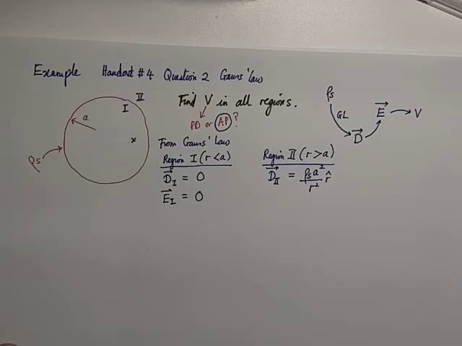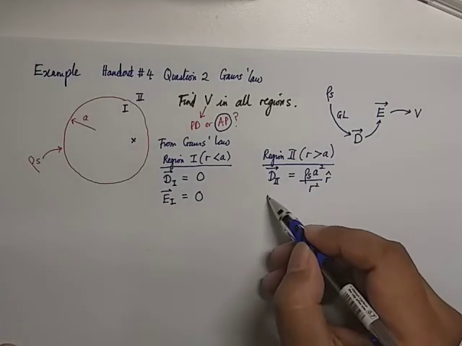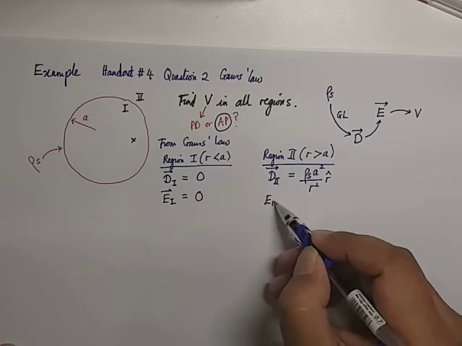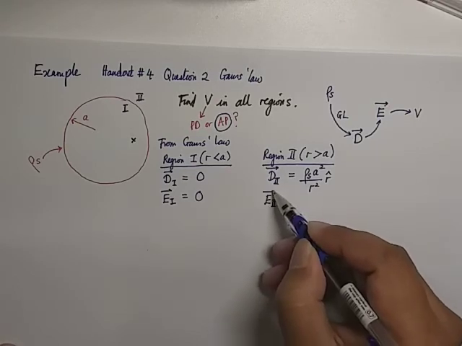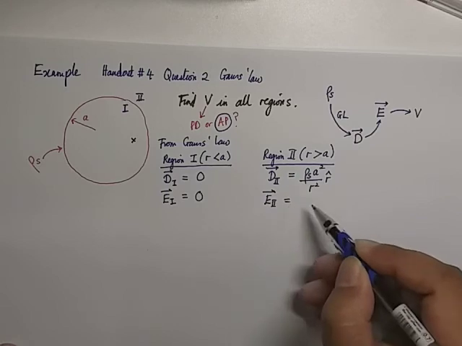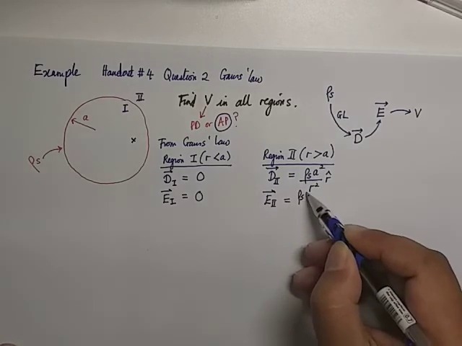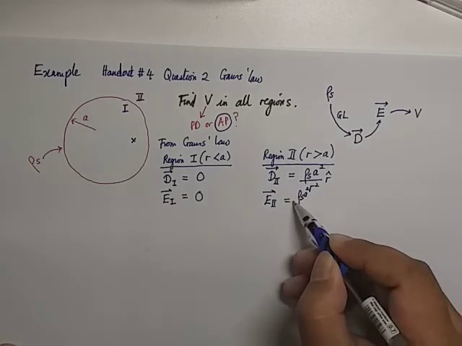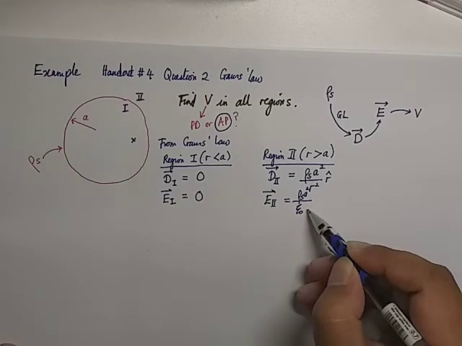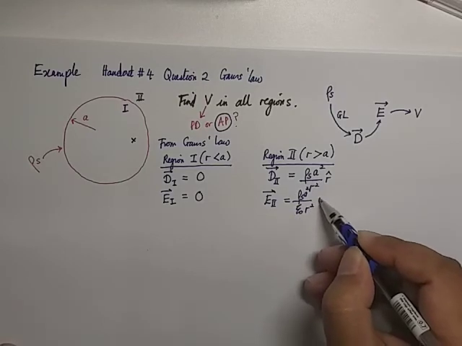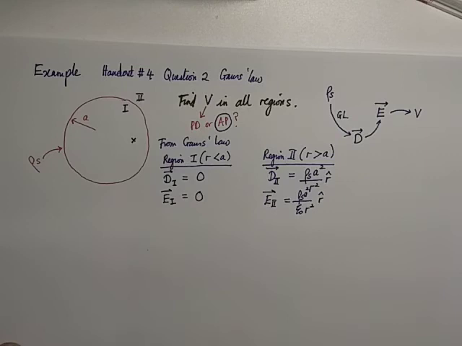Is it correct? And E2 is going to be equal to what? Rho S A squared over epsilon naught R squared in the R direction. That's going to be the solution of the D and E.